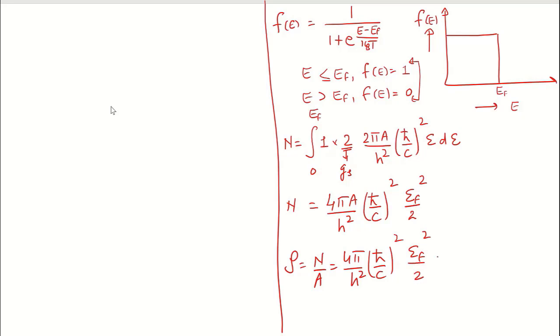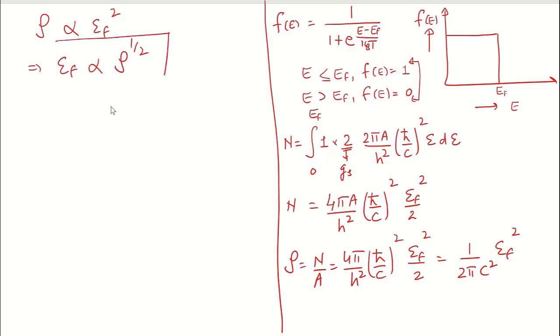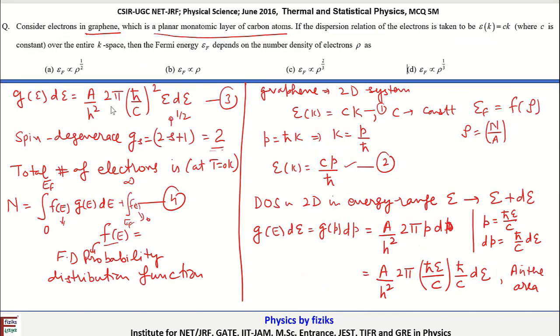After the cancellation of the terms, this can be written as 1 upon 2 pi c square, EF square. That means rho is proportional to EF square, which indicates that the Fermi energy is proportional to rho power 1 by 2. Therefore, here the correct option is A. A is correct.